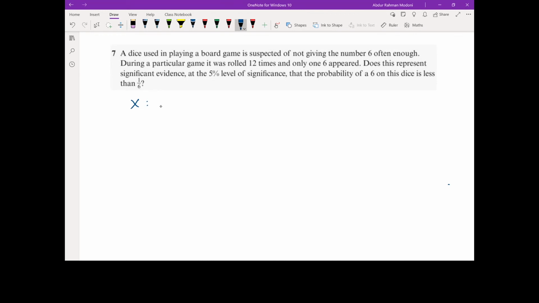X is the number of times we roll a 6, because we're only interested in getting the 6. So x will be that. Since we're only interested in 6, the other outcome is not getting a 6. So we only have 2 outcomes, and therefore we can model it using a binomial distribution.